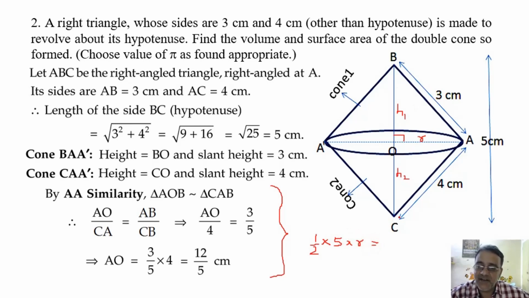And what is the area of triangle ABC? If we take directly base and height, half into base into height. Okay, so half cancel, and what is the value of R? 12 by 5. Same one, same thing.